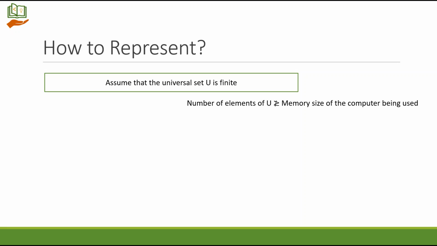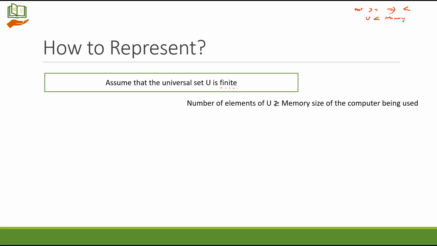Whenever we consider the computer memory, usually the number of elements will be quite less than that. That's why it is represented as not greater than or equal to. When they say not greater than or equal to, this in fact means it is less than. So the number of elements in U will be less than the memory size, is what they say.